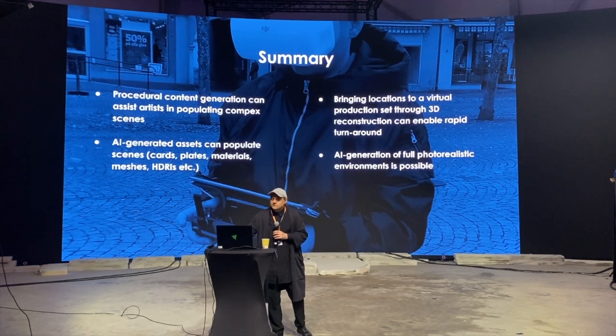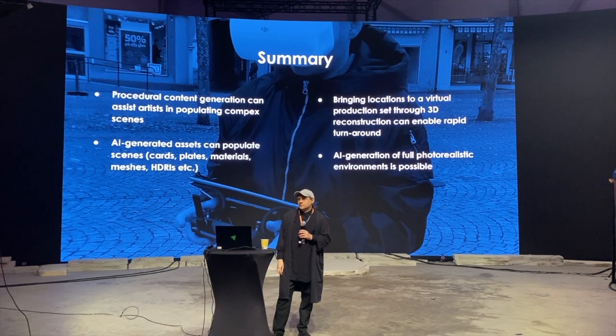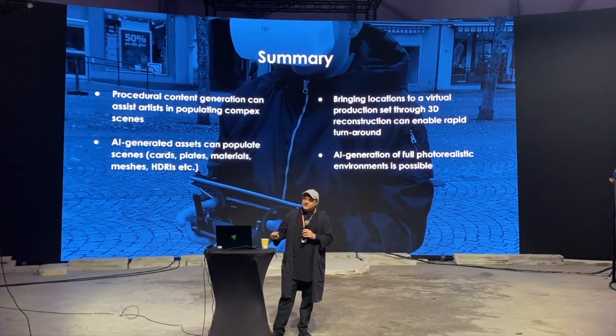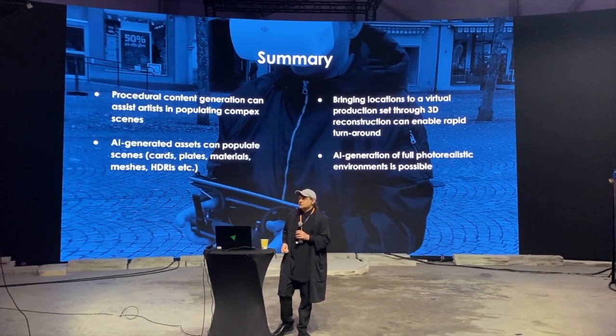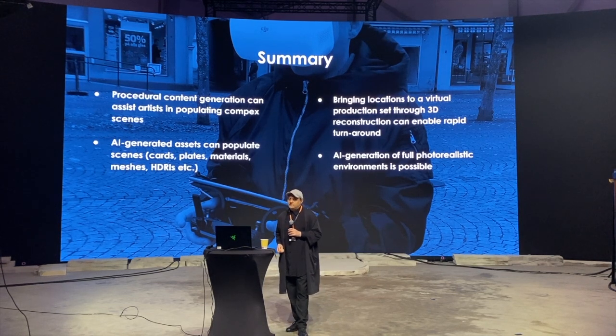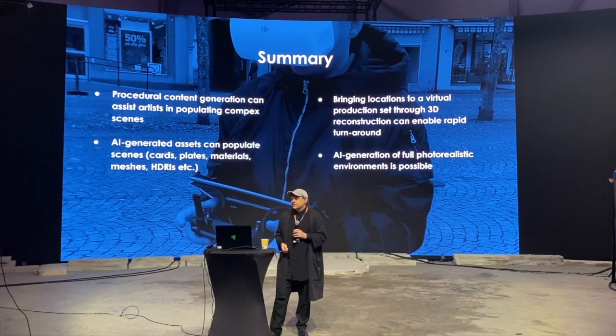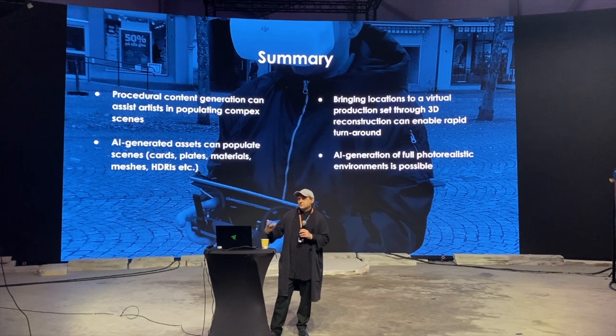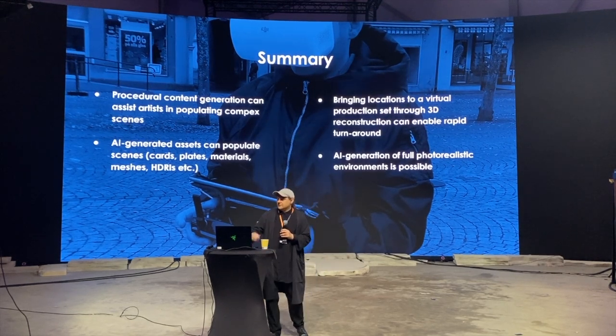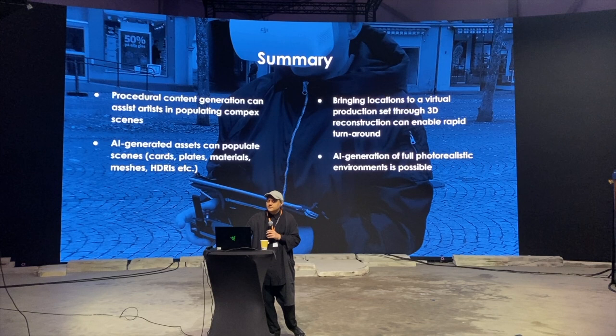And I also showed that it is possible to use different scanning strategies for bringing locations to a virtual production set through 3D reconstruction, and that can also enable a rapid turnaround. It can also integrate well with these other strategies.